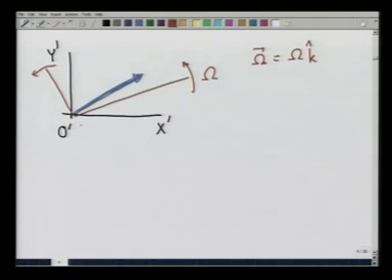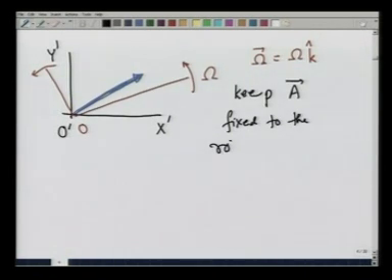We have considered the frame such that their origins coincide. Now, let us keep A fixed to the rotating frame.